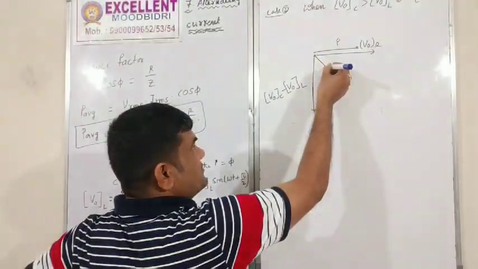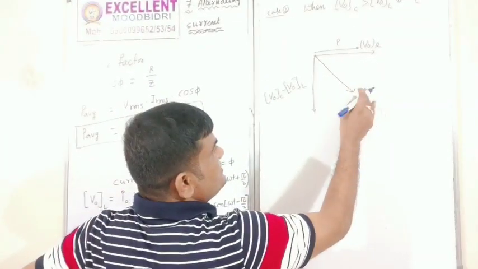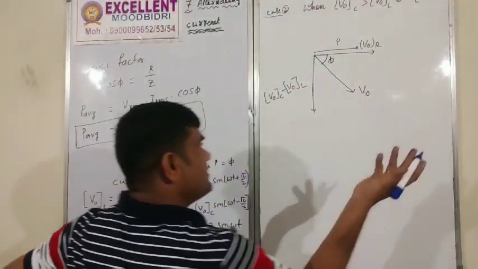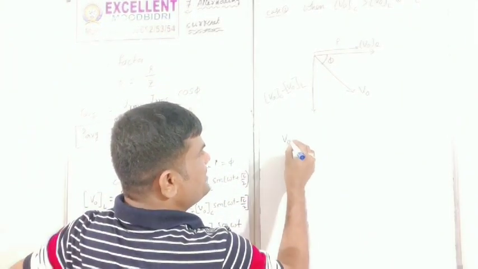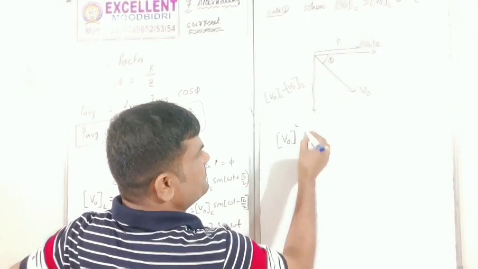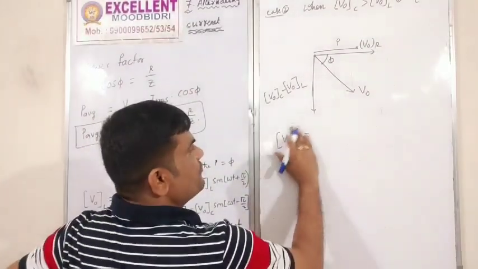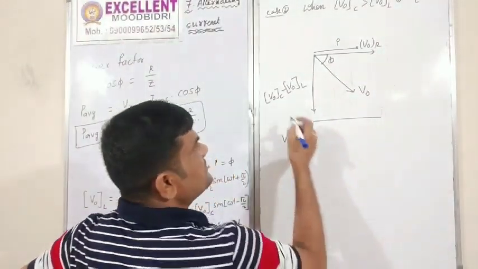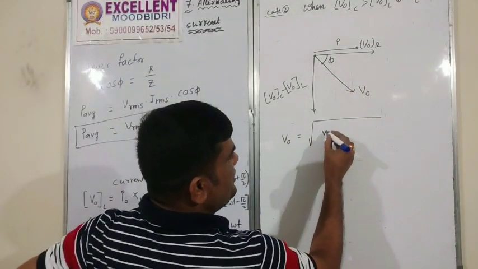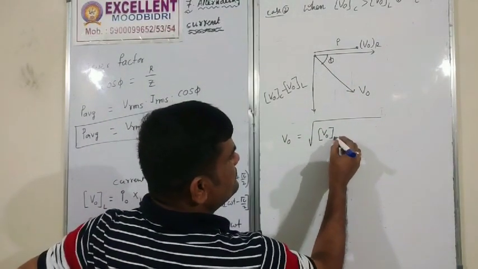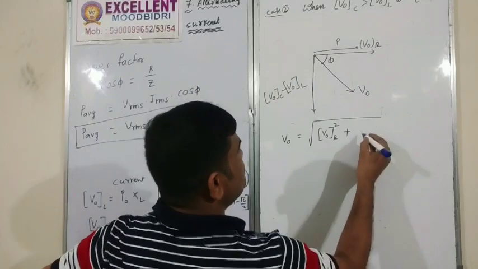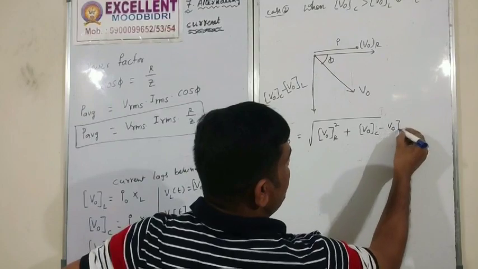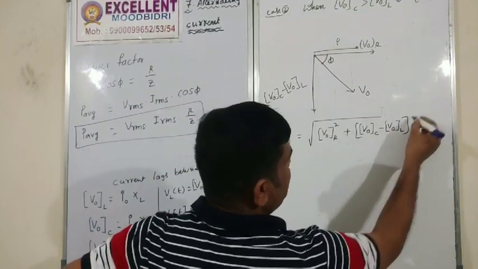Then next one, the resultant vector. This is the phi. This is the V naught, same as usual. V naught is equal to root over V naught R square plus V naught C minus V naught L whole square.